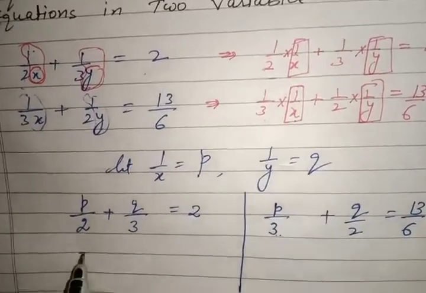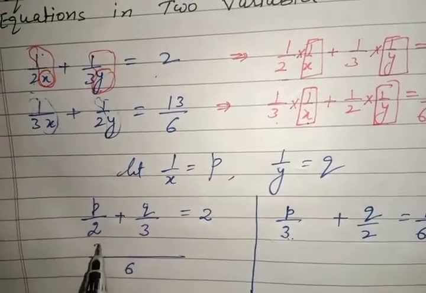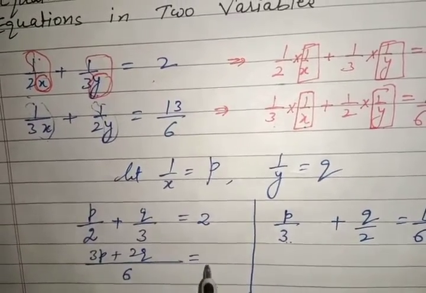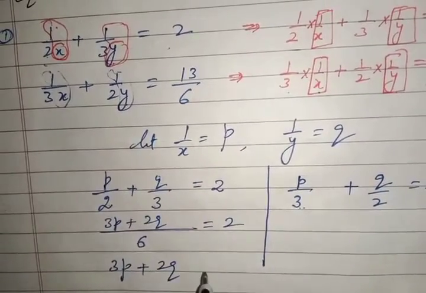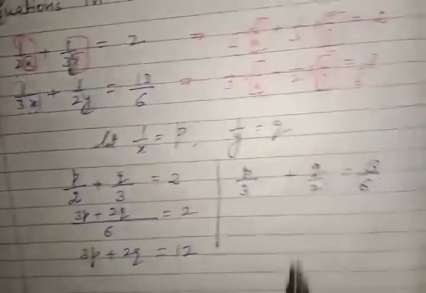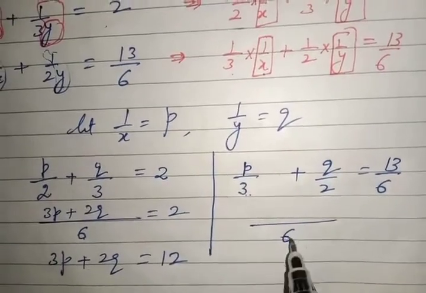After taking LCM, LCM of these two is 6. This 3 will go here, 3p, then this 2 will go here, 2q is equals to 2, and this equation will become 3p plus 2q. This 6 will go that side and it will be multiplied, 6 2s are 12. Here also we'll take LCM. LCM of 3 and 2 is 6.